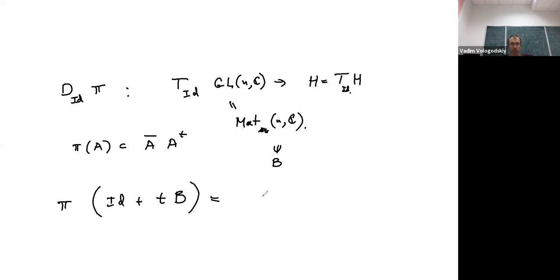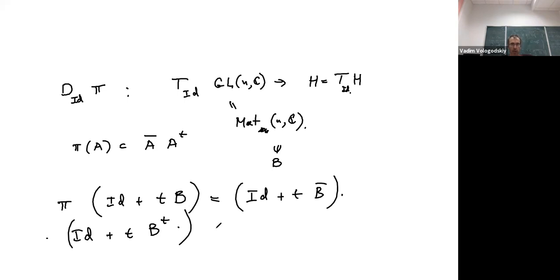So, okay, let's do this computation. This is going to be identity plus t times B bar, multiplied by identity plus t B transpose.